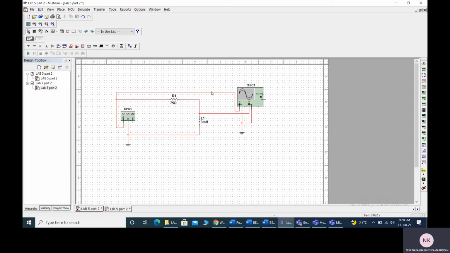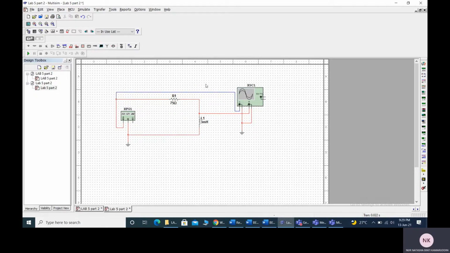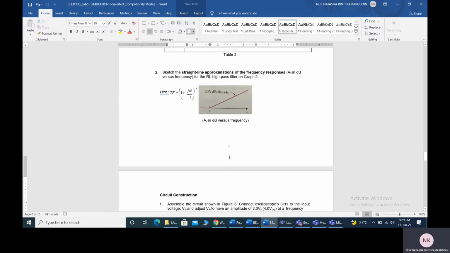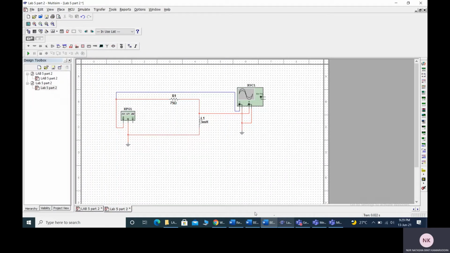I will change this segment color to get a difference between channel A and channel B. After that, I will change the frequency in the function generator.